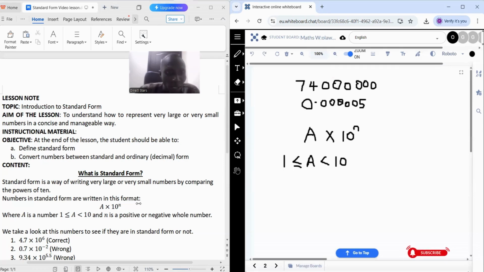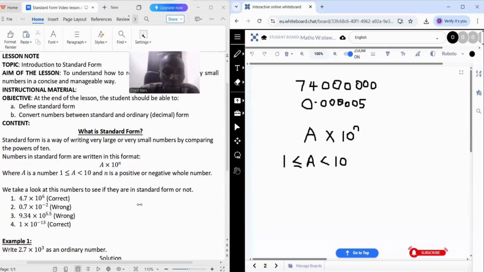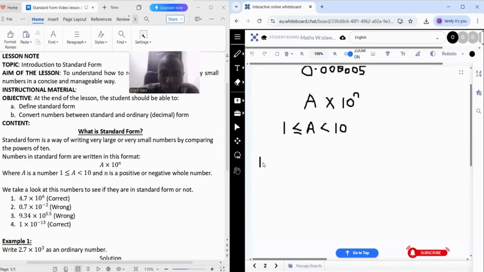Now let's take a look at these numbers to see if they are in standard form or not. Let's look at the first number here. We have 4.7 multiplied by 10 raised to the power 6. We want to see if this number is in the correct form of standard form.